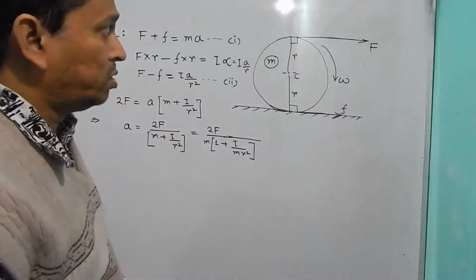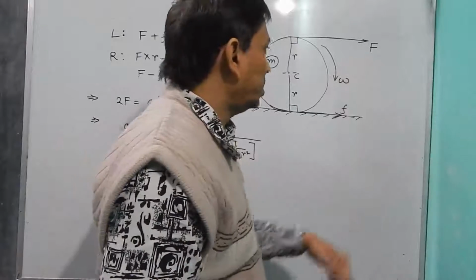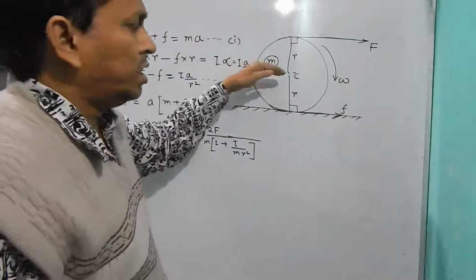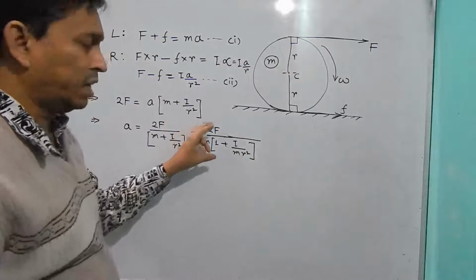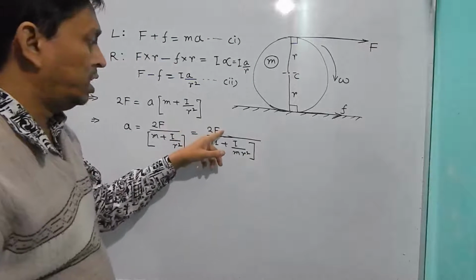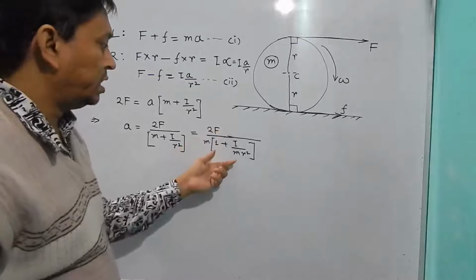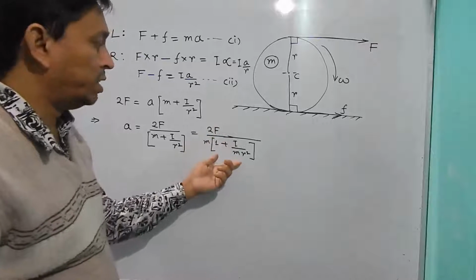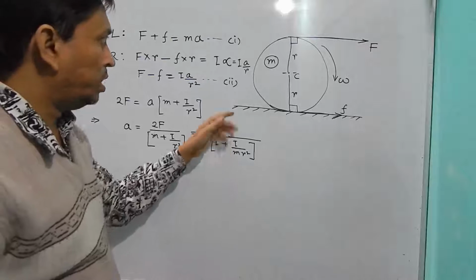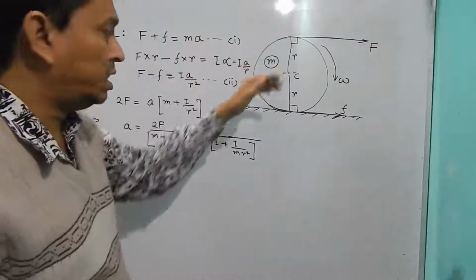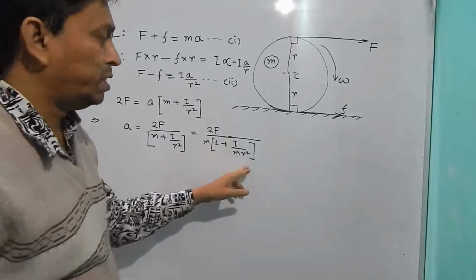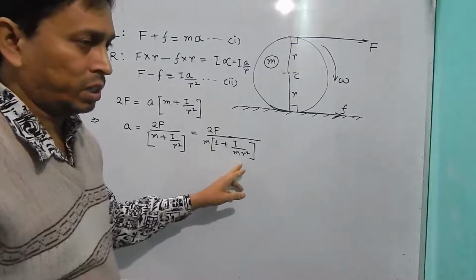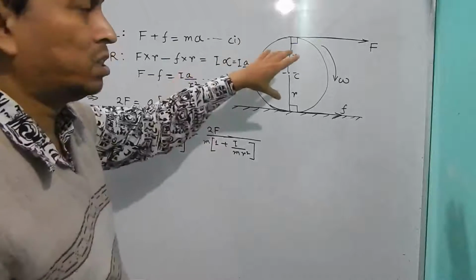Now the point to be noted is that when we apply a force through the center, the same thing comes, but it was only F in the numerator and the denominator was the same. So when we apply this force tangentially, we get twice F divided by the same denominator. That means here the acceleration will be doubled.